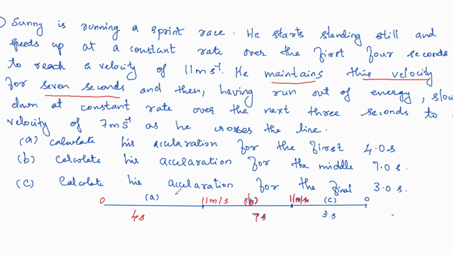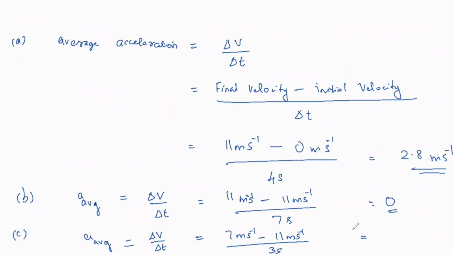The third part is to calculate the acceleration for the final 3 seconds. For the final 3 seconds, the final velocity was 7 meters per second as he crosses the line. So the final velocity is 7 meters per second, the initial velocity is 11 meters per second, and the change in time is 3 seconds.